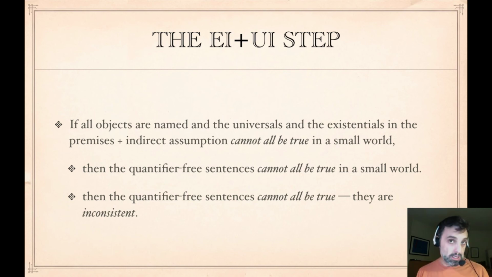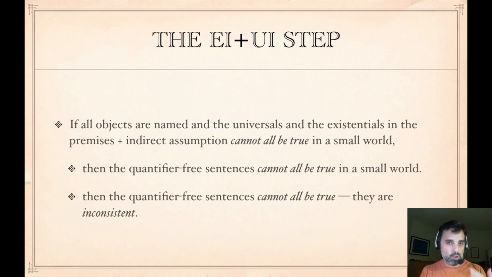So what we're seeing here is this. Remember, the question was: we start off with some inconsistent sentences, the premises and the indirect assumption, and they have quantifiers in them. We apply the EI+UI method, and we get to quantifier-free sentences, and that group is also inconsistent. Why is that? Fundamentally, it's because if the quantifier-free sentences generated by EI+UI are all true, then so are the initial sentences we started with.